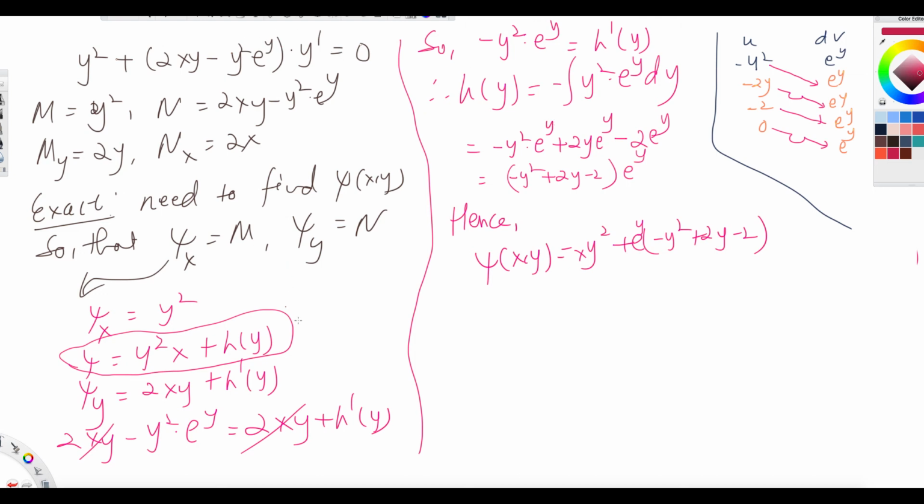So hence, therefore, let me write the solution: x y squared plus e to the y times negative y squared plus 2y minus 2 equals a constant c.